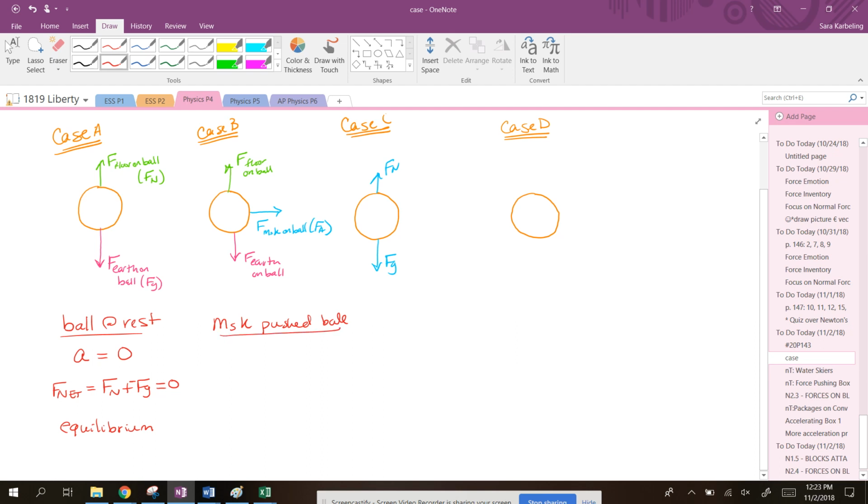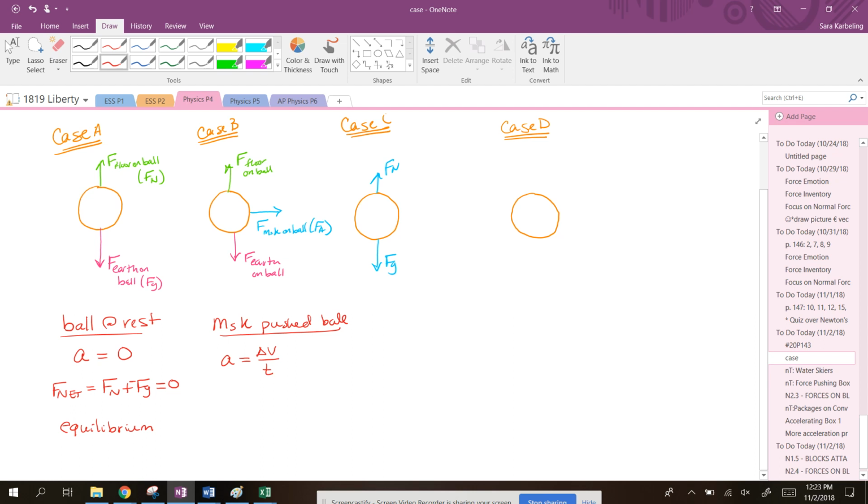Was its acceleration equal to 0? What does it mean to accelerate? Speed up or slow down, right? Either way, acceleration means a change in velocity over time. I'm just going to remind you of that. Acceleration is a change in velocity over time. Is that okay the way I wrote that? I think we've talked about it like that before.